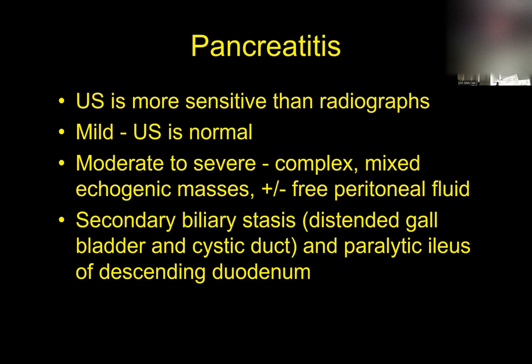And so if the pancreas becomes infected and the animal gets pancreatitis, sometimes it can partially occlude or slow down the movement of bile into the duodenum from the gallbladder. And so sometimes you'll see a dilated bile duct because of that. And sometimes the gallbladder can become really big and huge because of that. And sometimes the pancreas infection will spread up the bile duct and into the gallbladder, and you end up getting also, besides pancreatitis, a cholecystitis, or an infection of the gallbladder itself.